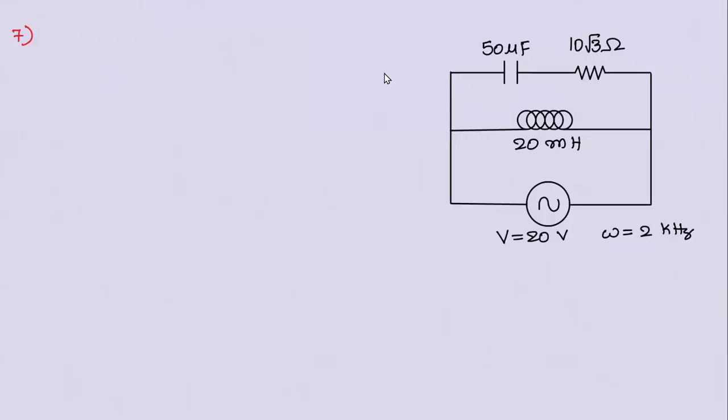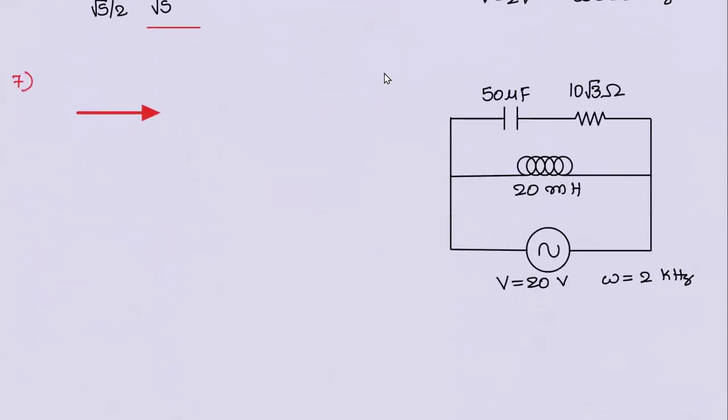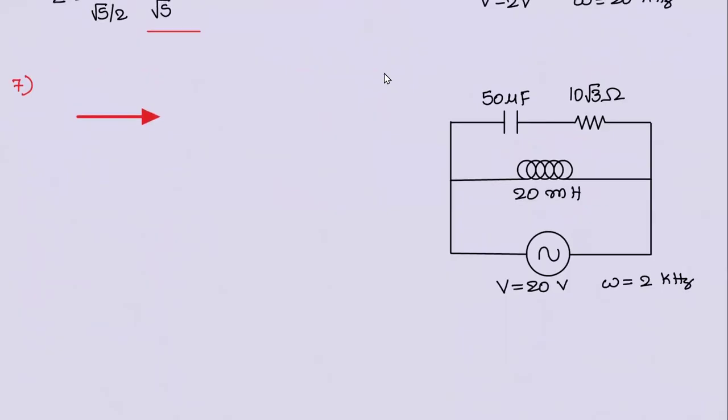See, when you take the voltage across the inductor and current across the inductor, in this case no issue because there is no series. Only one element is there. So you can write voltage across inductor VL and current across the inductor IL.